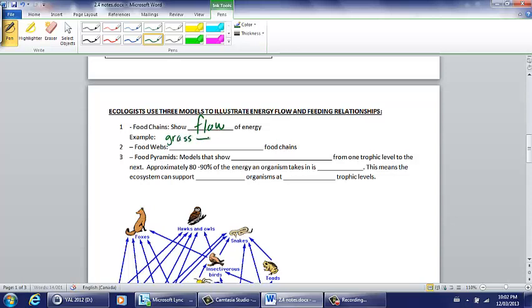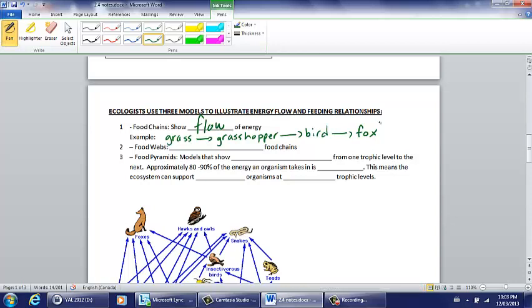That'll flow to a primary consumer, such as a grasshopper. Energy will flow from the primary consumer to a secondary consumer, which in this case might be a bird, and can then flow to a tertiary consumer, which may be in this case a fox. That is an example of a food chain.